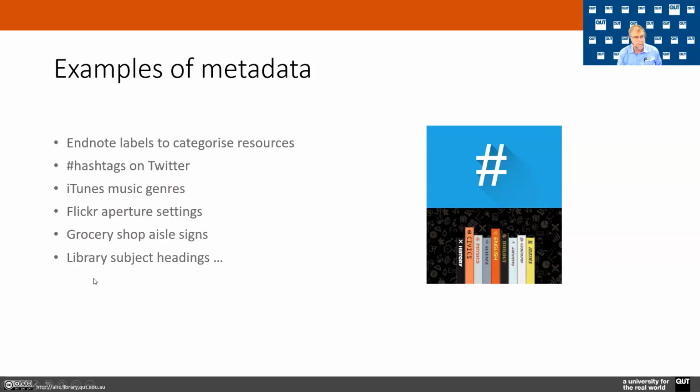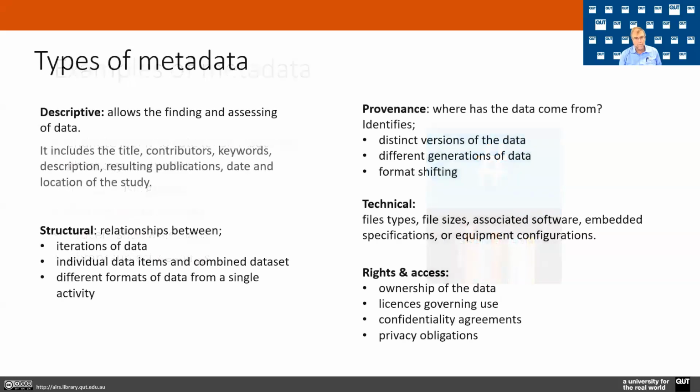Perhaps the original and the best metadata was the subject headings provided by the Library of Congress. I guess these things can all be ways of organizing and categorizing using metadata. So when you're going to the trouble of doing a full description of your metadata, you're hopefully addressing all these components.